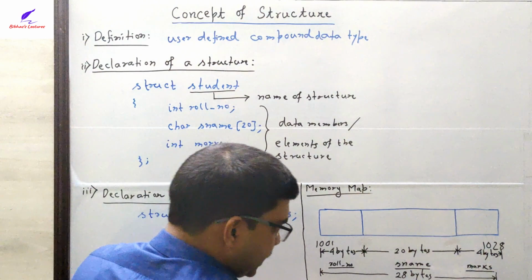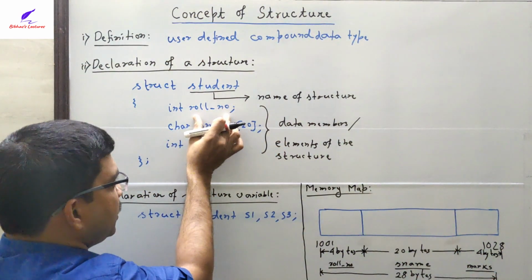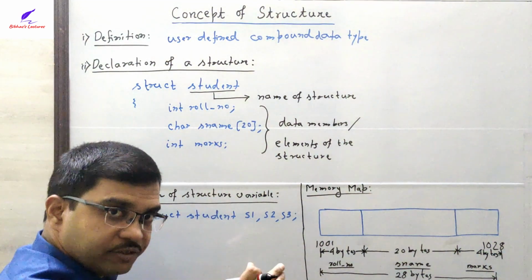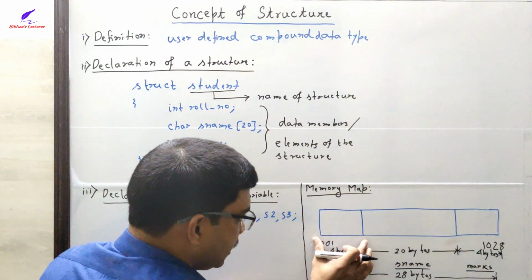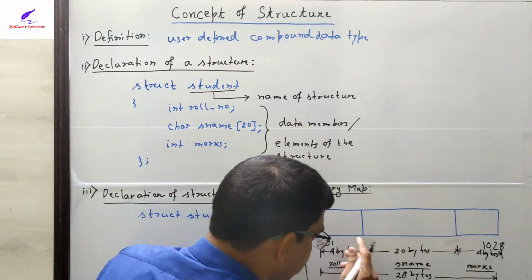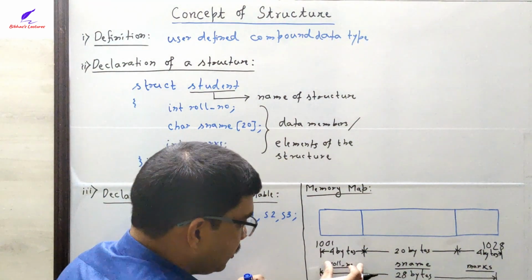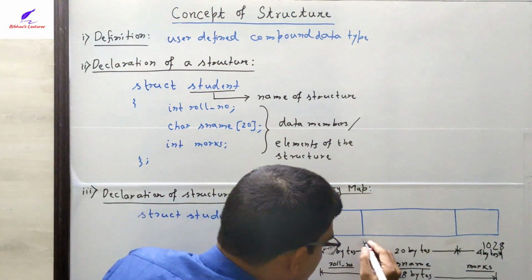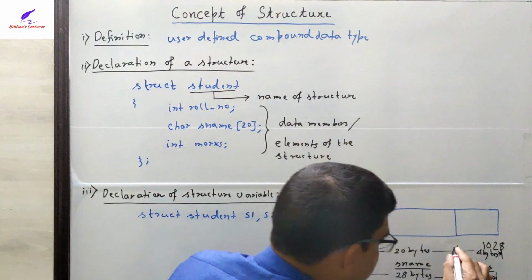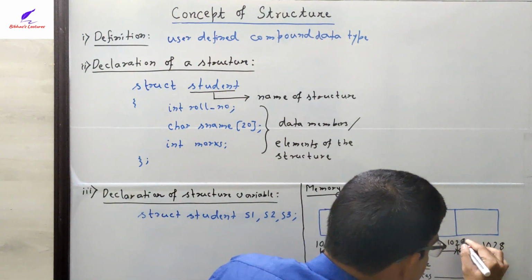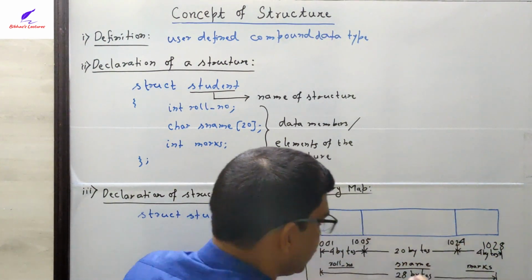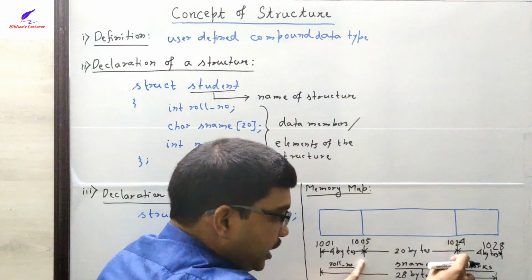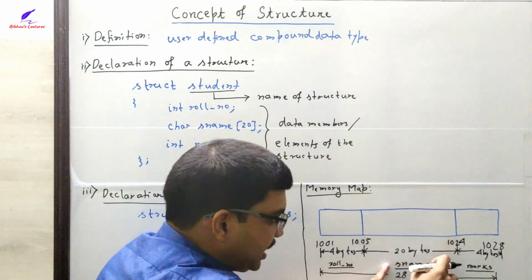Now out of this 28 bytes, the first member of this structure is roll number, and roll number takes 4 bytes of memory, so 1001 to 1004, these first 4 bytes will be reserved for the roll number. Now from 1005 to 1024, the next 20 bytes will be for the student name, that is S name.